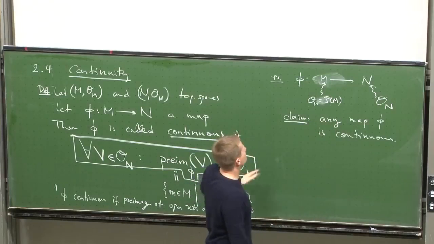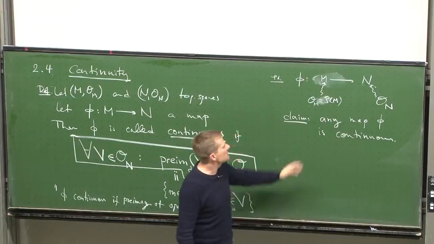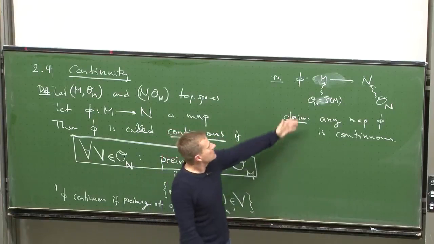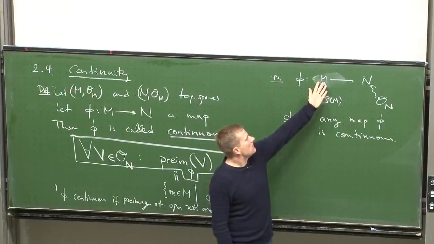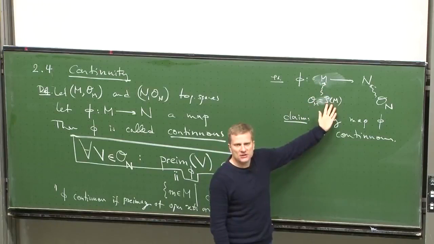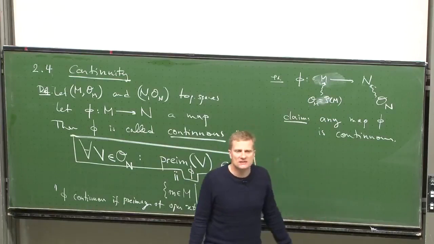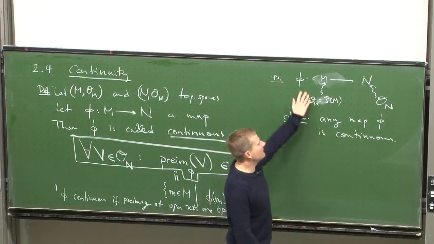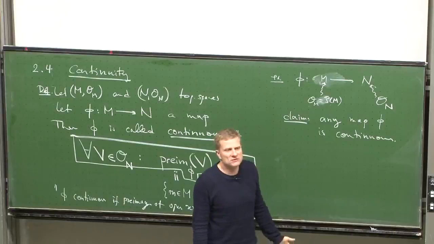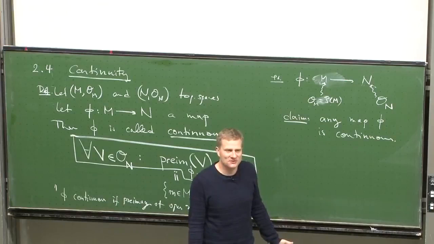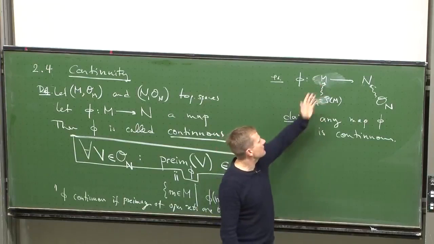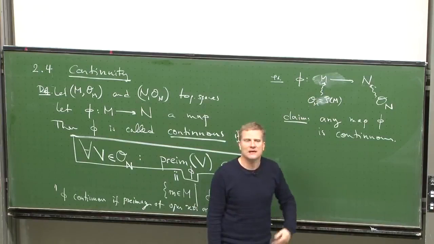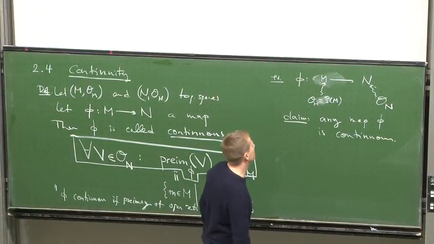That's the condition. It must be open. Hence, any map is continuous because I didn't use any particular properties of the map. In other words, once you equip the domain with the discrete topology, continuity is simply there. Every map is continuous. Well, if every map is continuous, continuity becomes a useless property. Hence, you never equip the domain with the discrete topology if you still want to work with continuity.